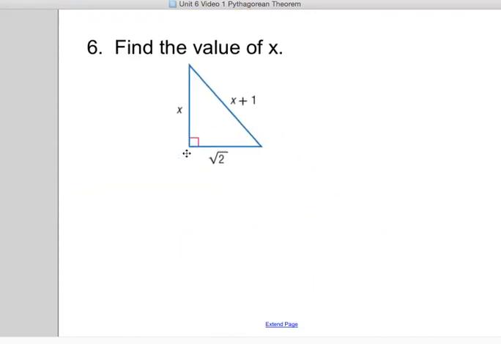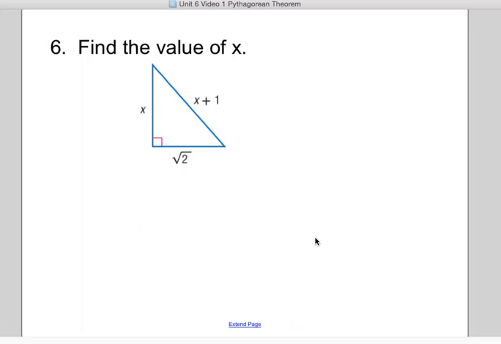So once again, I see it's a right triangle, and I have my 3 sides. So I'm going to go ahead and try the Pythagorean theorem. And there will be a problem like this on your upcoming quiz. So I set it up. This is my hypotenuse, so it has to be c. So I'm going to have x squared plus square root of 2 squared equals x plus 1 squared.